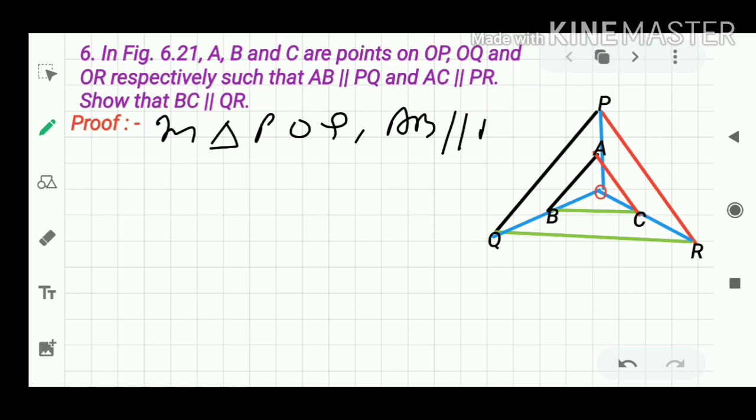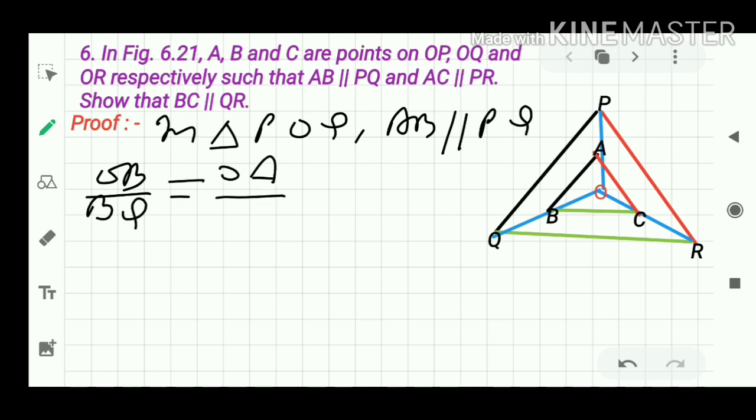Therefore OB by BQ equal to OA by AP. The reason is by Thales theorem. Consider it as equation 1 and write the reason by BPT.